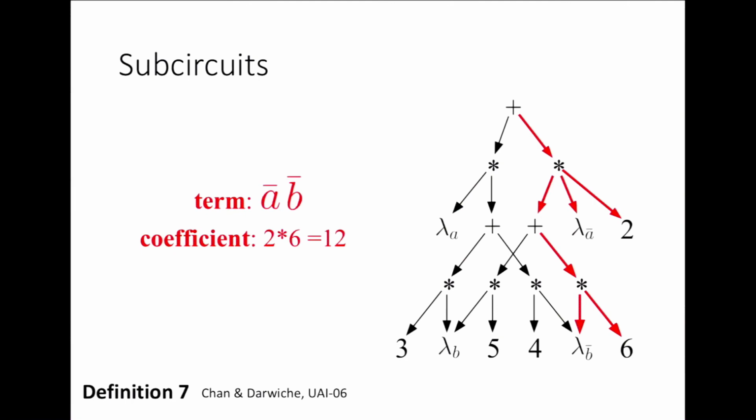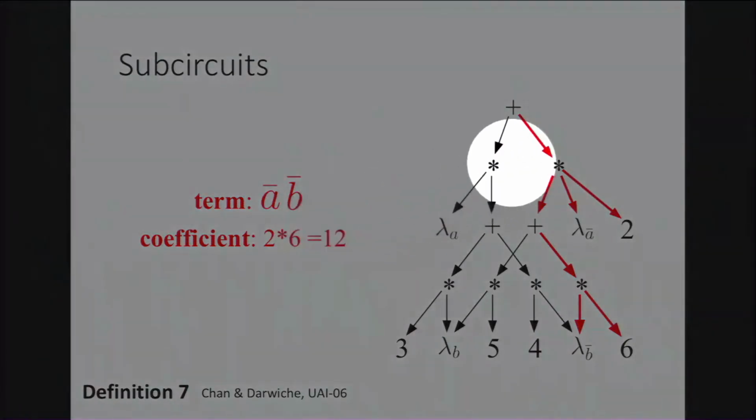Remember, what does decomposable say? Decomposable says that if you have a star and you look here and you look there, you cannot find the variable appearing in both sides. Variables do not overlap. What does that tell you about this guy? It's guaranteed to be consistent.